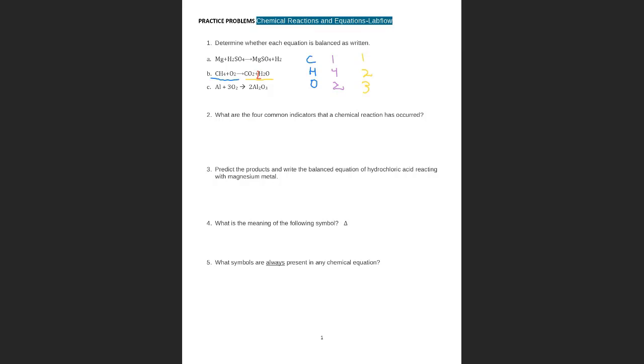So I have to scratch on the product side. Hydrogen, I had 2, but now I added a big coefficient. So 2 times 2 is 4. And how many oxygens? This 2 in red is affecting the whole molecule. So I have 2 oxygens.